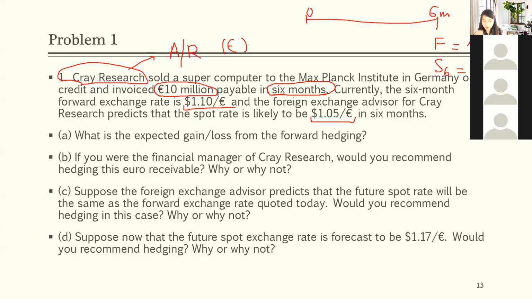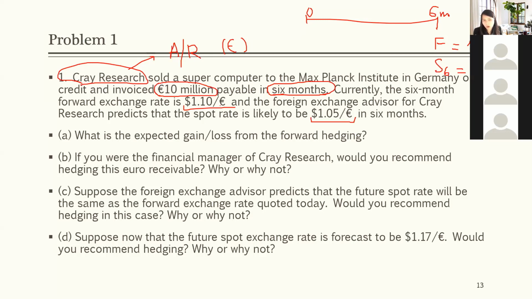So let's start with question A. So essentially question A asks, if you have a forward hedge position, what would be the difference? What's the expected gain or loss of this forward hedge position relative to an unhedged position? Okay.